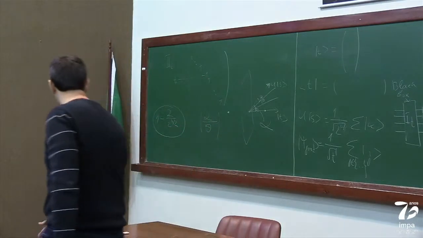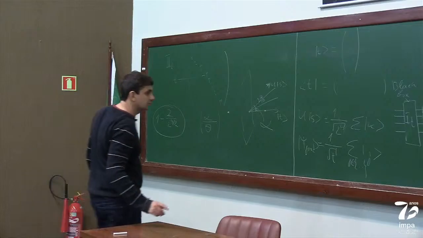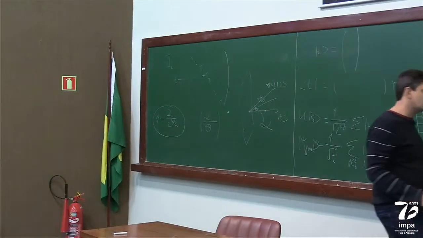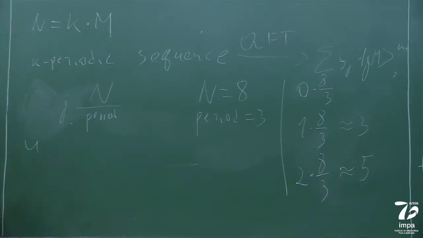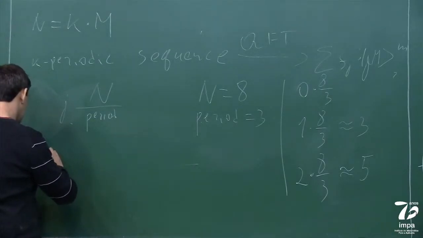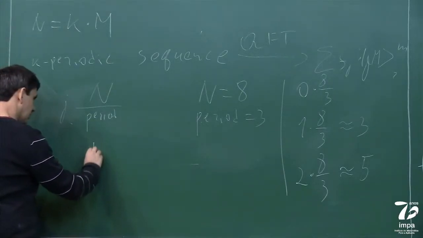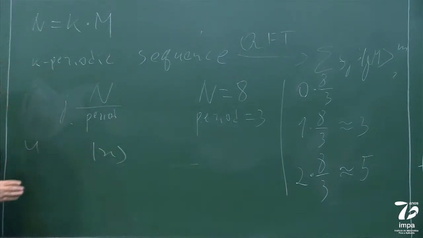So basically it tells you the following. You have a matrix U, and you have a state X. This is your input.